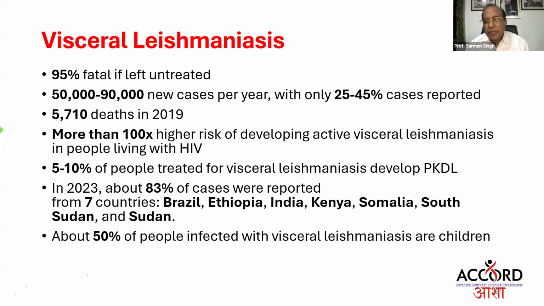In that paper, we also said that once there is immune compromisation, particularly in HIV cases, there is 100 times more risk of developing leishmaniasis, and that too the severe form. It is also known that HIV-positive, full-blown AIDS cases can also have visceralization of the non-visceralizing species. That is also very important, not mentioned here, but very, very important.